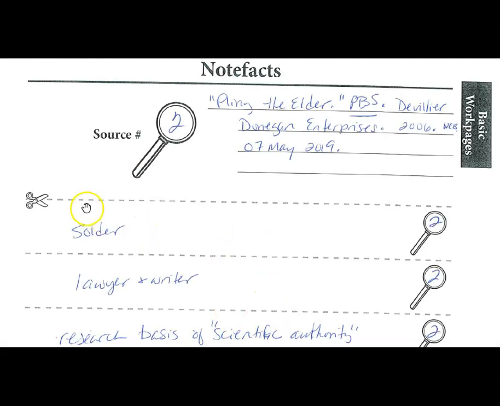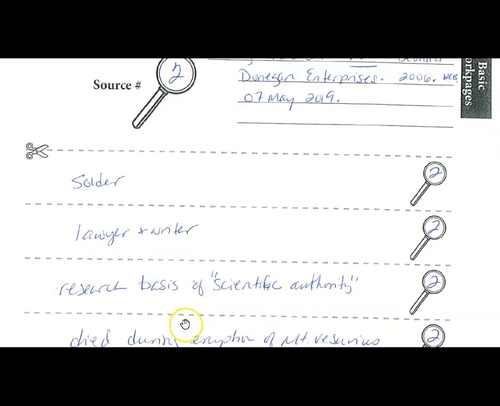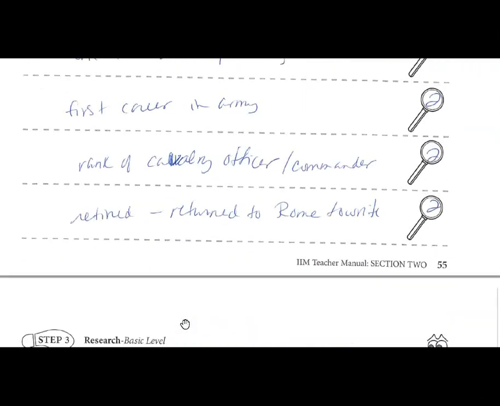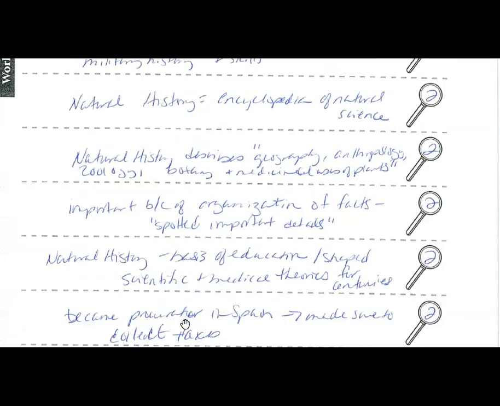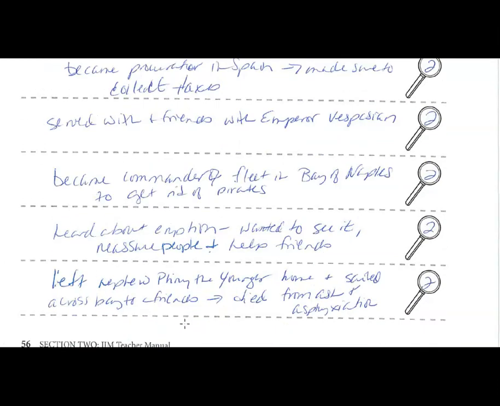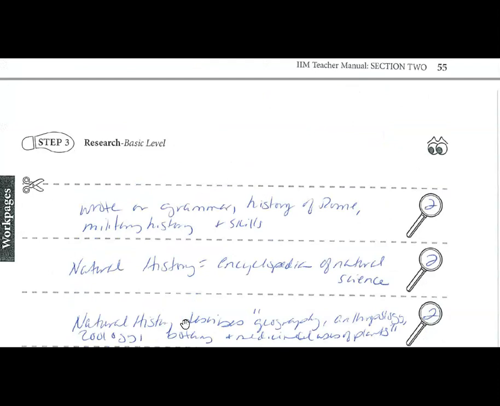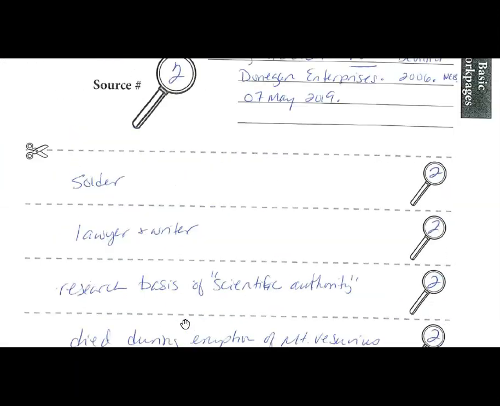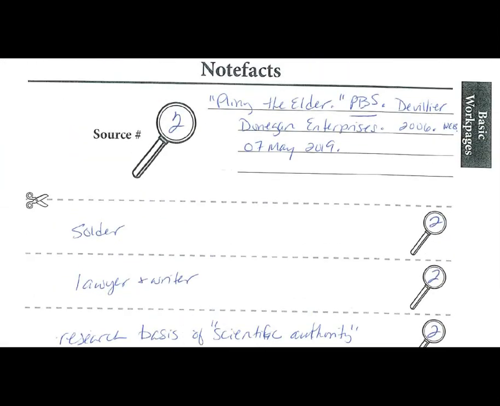So again, a note fact is 1 strip. So between 3 sources, you're going to need 15 strips, 15 pieces of information, okay? Which, as you can see from 1, I got 15. So you do not have to fill the whole page.